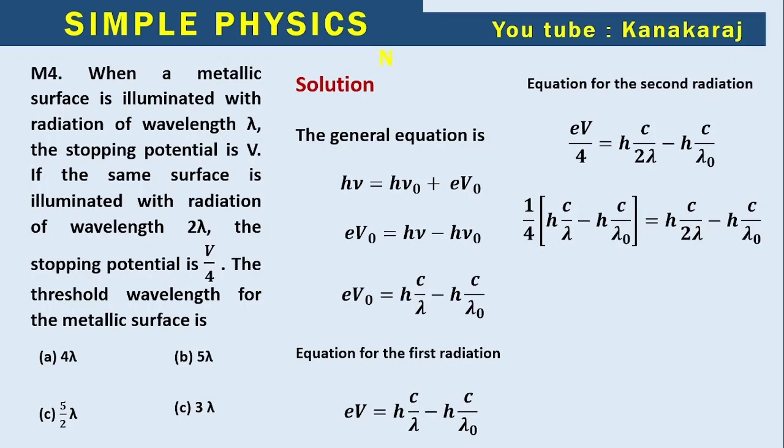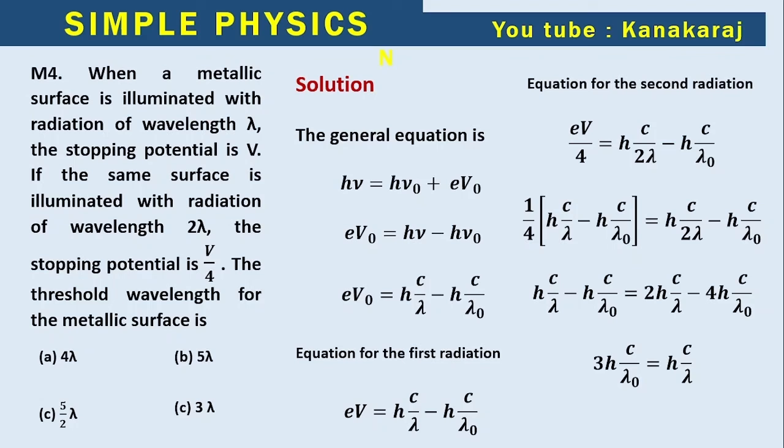So we get hc upon lambda minus hc upon lambda naught equals 2 times hc upon lambda minus 4 times hc upon lambda naught. So the minus 4 hc upon lambda naught is on the right hand side. On the left hand side, you have minus hc upon lambda naught. So we get 3 times hc upon lambda naught equal to 1 times hc upon lambda.